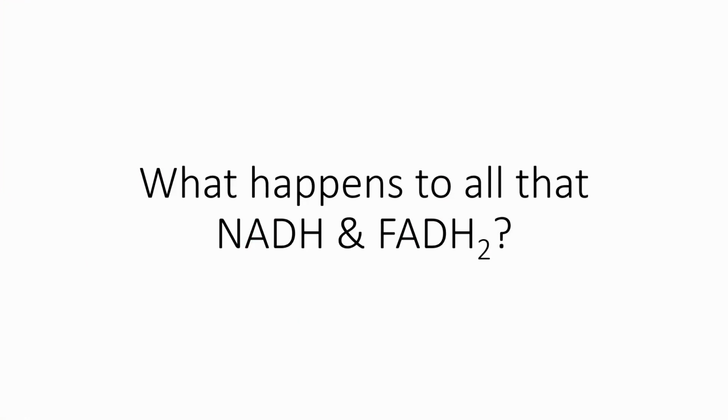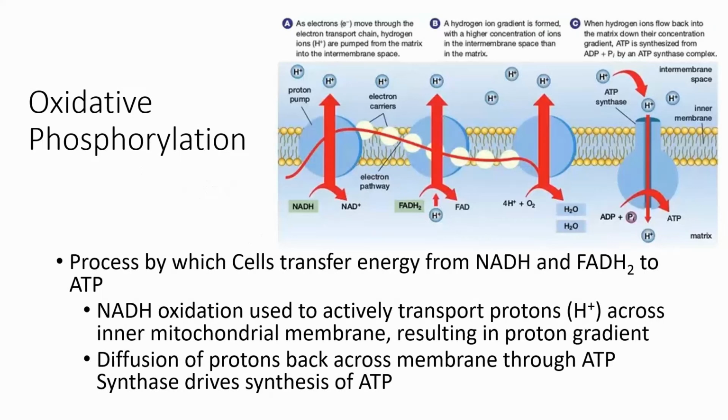What we do care about is what happens to all that NADH and FADH2 we make. We've talked about the fact that they have high energy. We've talked about the fact that they're picking up high energy electrons, and we've also talked about what happens next. So we've talked about this term, we called it ATP production in our notebooks. It's also called chemiosmosis.